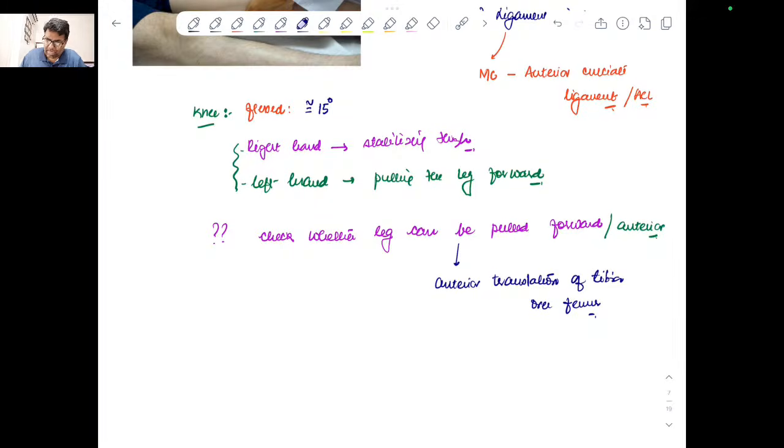Now, to make this concept even simpler, I'll take a lateral view. So this is, say, lower end of femur, and say this is tibia, right? Now I am discussing laterally.